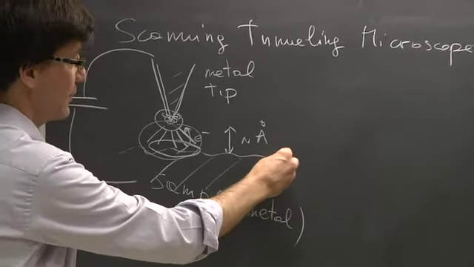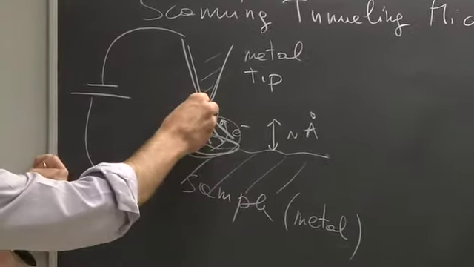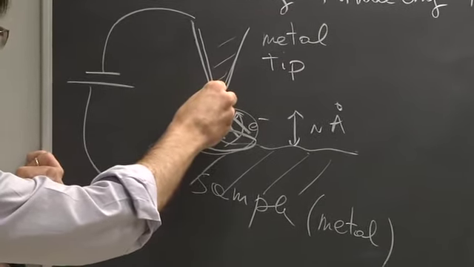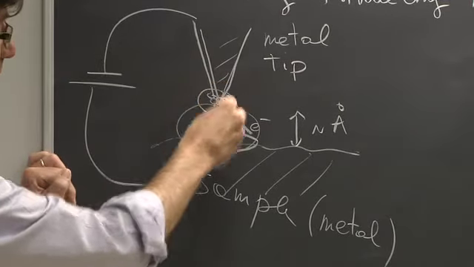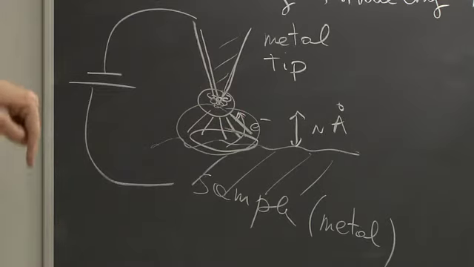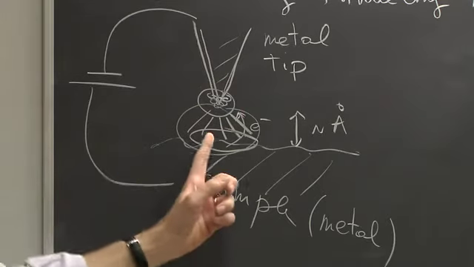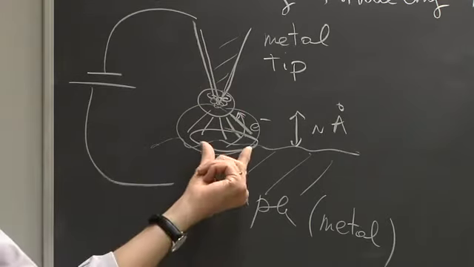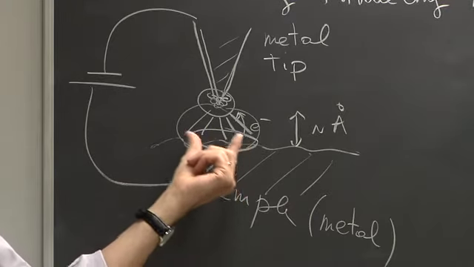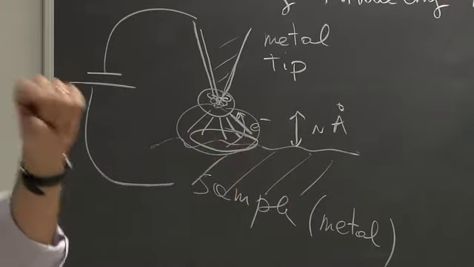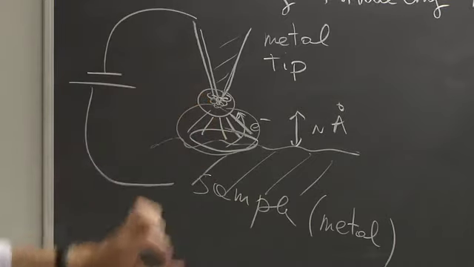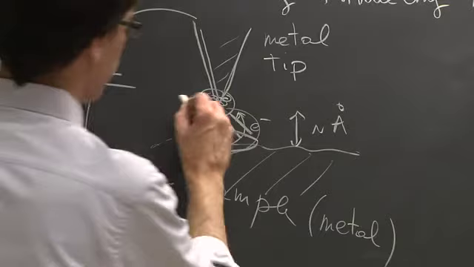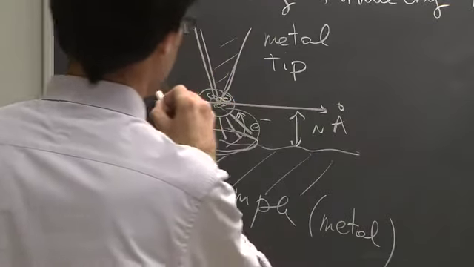Because electrons from here will have a huge distance to tunnel through if they want to go to the tip, all right? So the point is that if you come close enough with your metal tip, you're going to extract electrons only from a region of space which is of comparable size to the distance between the tip and the sample.